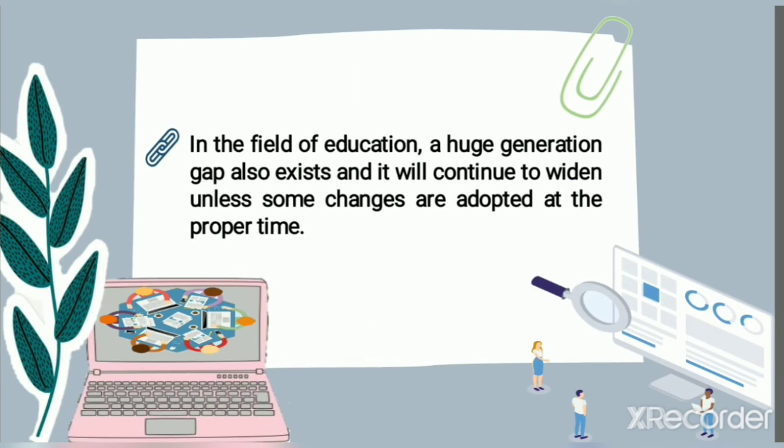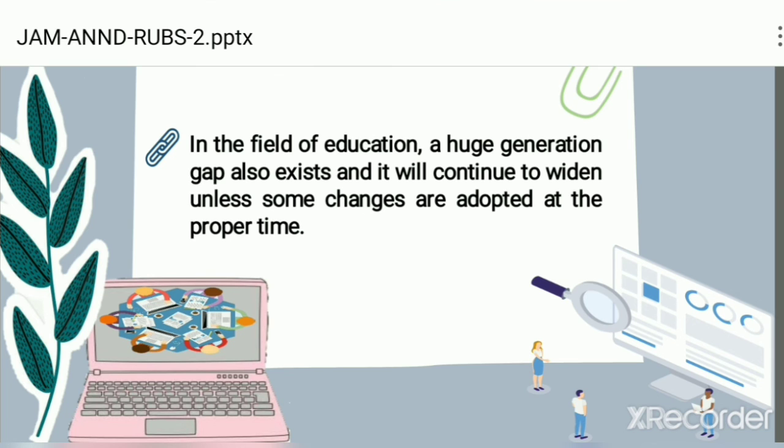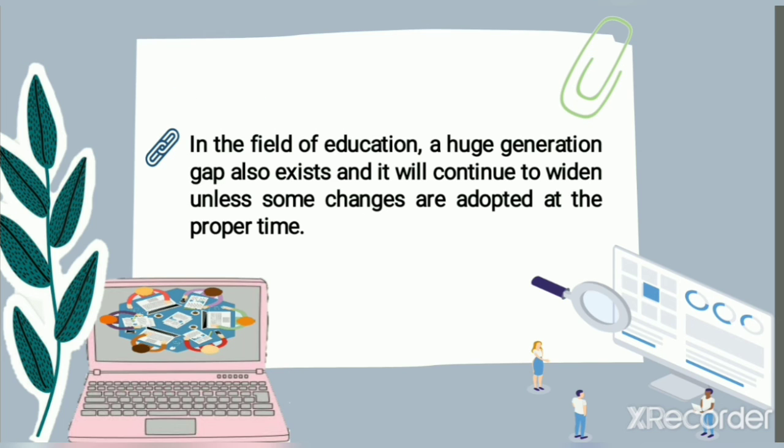So in the field of education, a huge generation gap also exists and it will continue to widen unless some changes are adopted at the proper time. An example of that is, when we are doing our assignments or there is something that we cannot understand, kung dati pumupunta tayo sa library at nagbabasa ng libro para hanapin yung mga bagay na hindi natin maintindihan, para malaman yung gusto nating malaman, para gawin yung assignments.